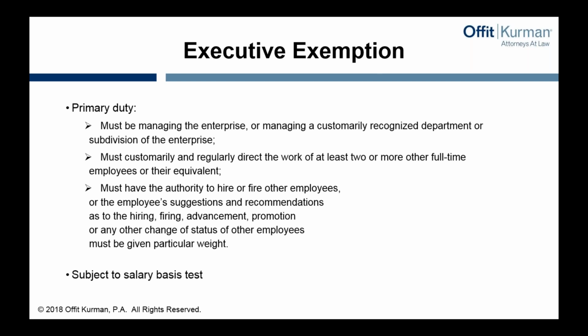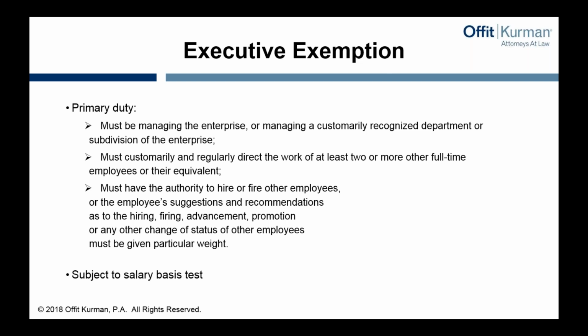The third of the white-collar exemptions is the executive exemption. Like the other white-collar exemptions, a salary basis test applies here. In terms of substance, this is the exemption that applies to supervisors.